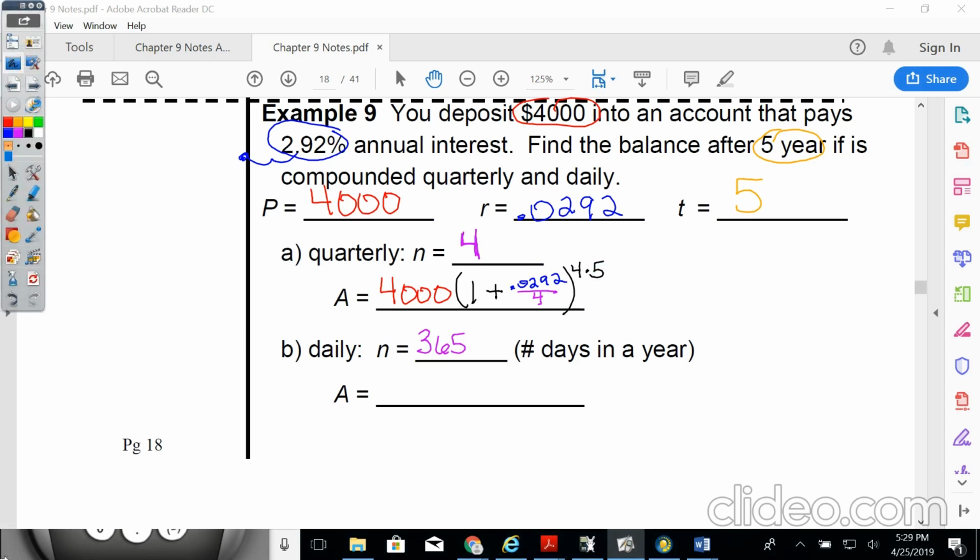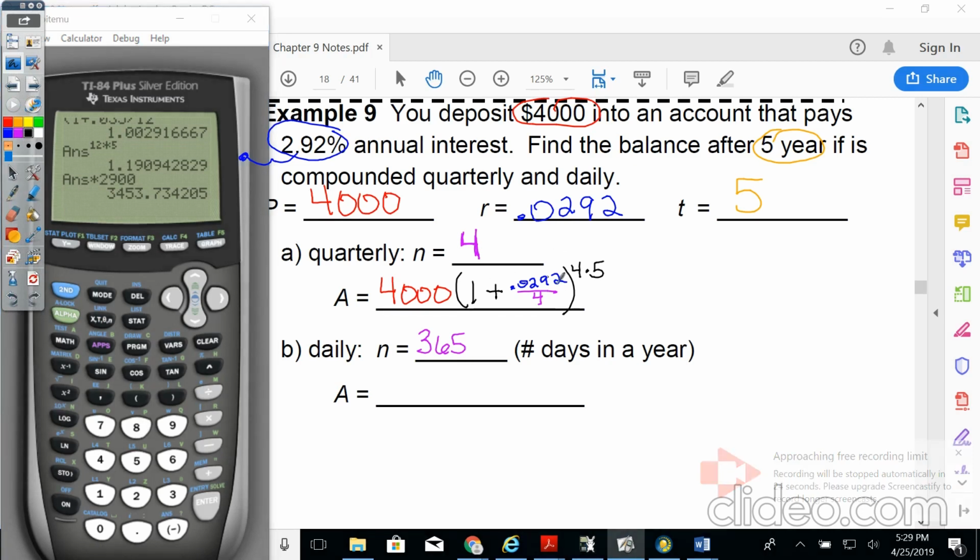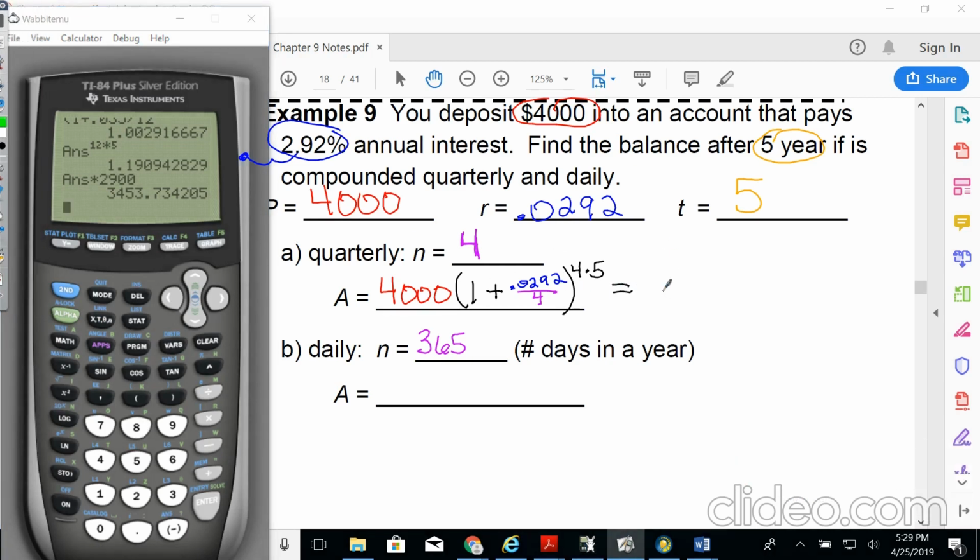And we type it in the calculator. And here we'll get $4,626.33. So make the equation for B, set it up, plug it in, and tell me what the value is.